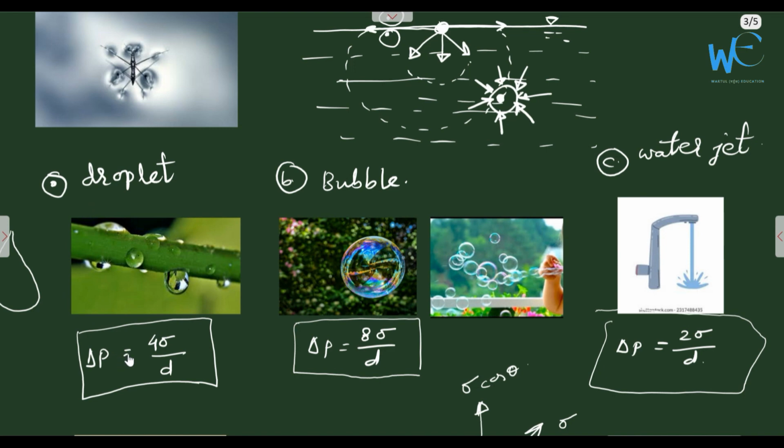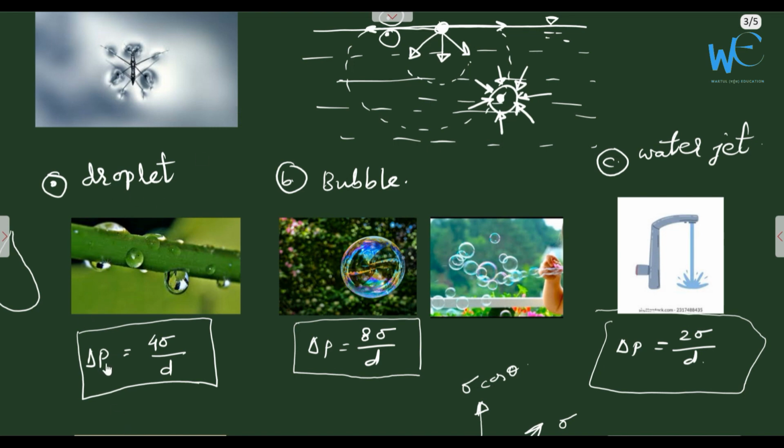So I'm not explaining how this formula is derived, but for sure I will teach that too. Right now, you just have to remember these three formulas and the concept of surface tension: what it is, how it generates, and why it generates.